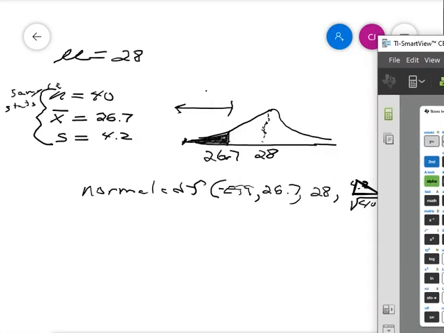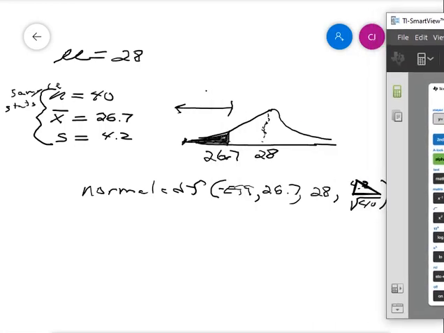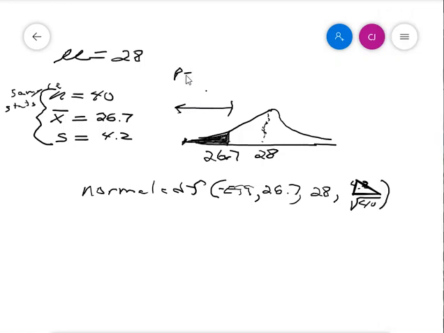All right, so let's go back to our output and see what we come up with. The P value is that area under the curve, 0.0287. Okay, 0.0287. So that's here.